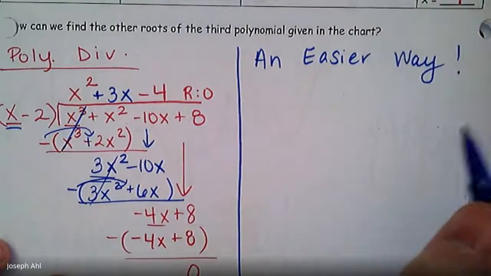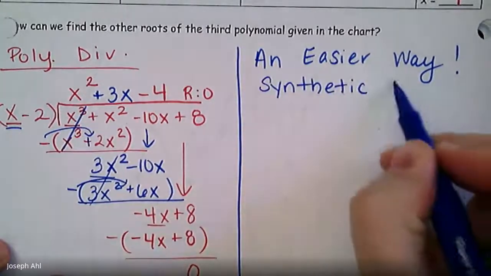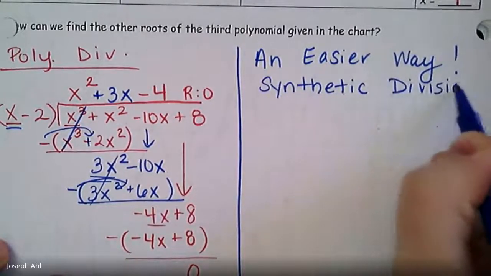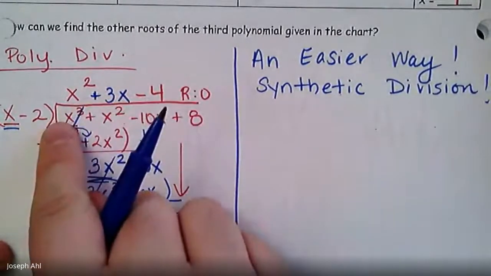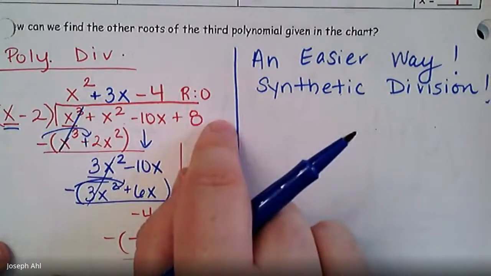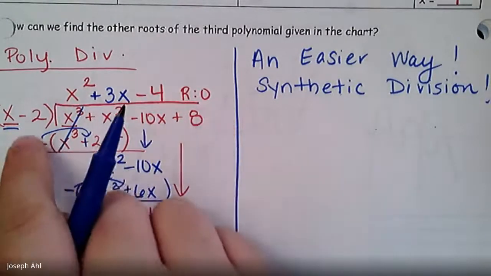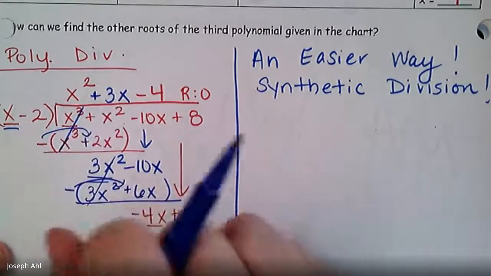And the easier way that we're talking about is a process called synthetic division. Synthetic division is a process that only requires us to use the coefficients of the polynomial here. And it requires us to test the root that is a result of this factor x minus 2.